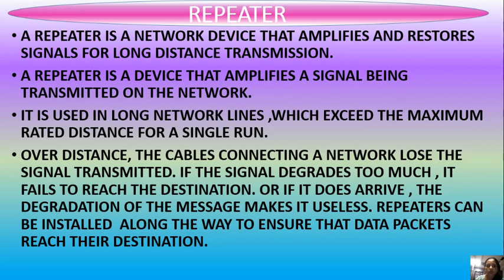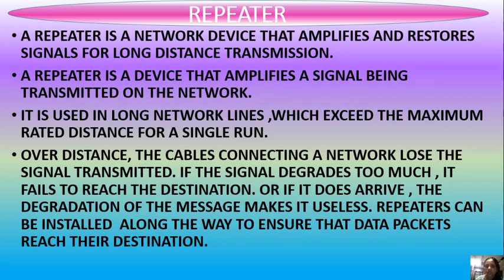Fourth, over distance the cables connecting a network lose the signal transmitted. If the signal degrades too much, it fails to reach the destination, or if it does arrive, the degradation of the message makes it useless.